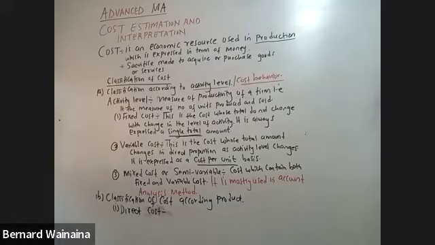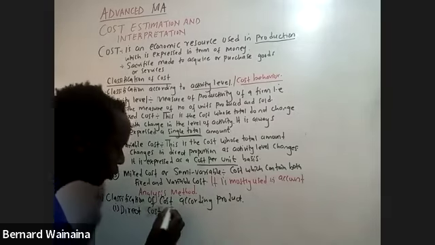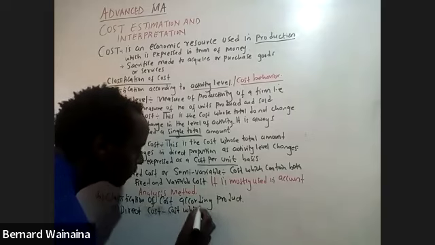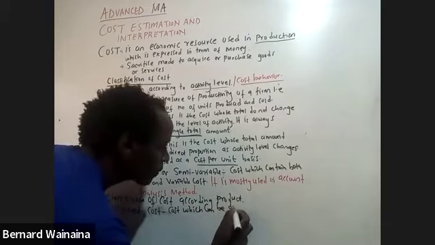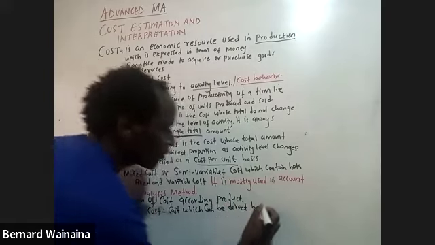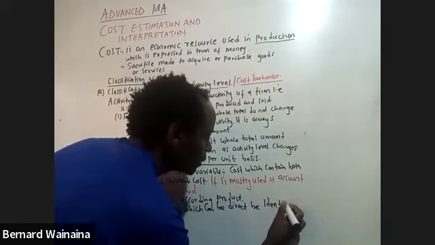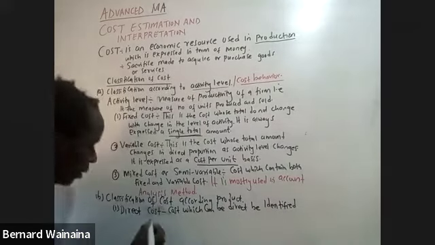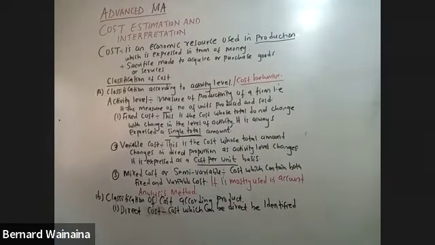I will focus on direct cost in general. We say these are costs which can be clearly identified with the product. So these are the costs which can be directly identified.